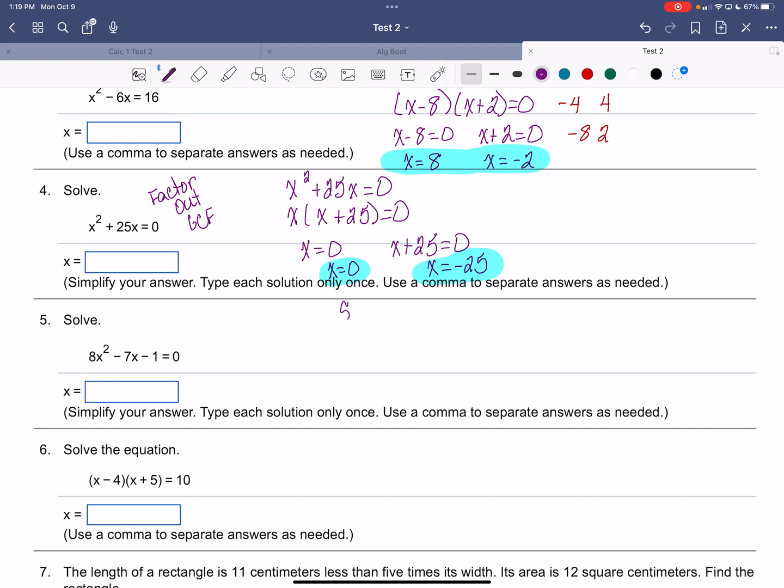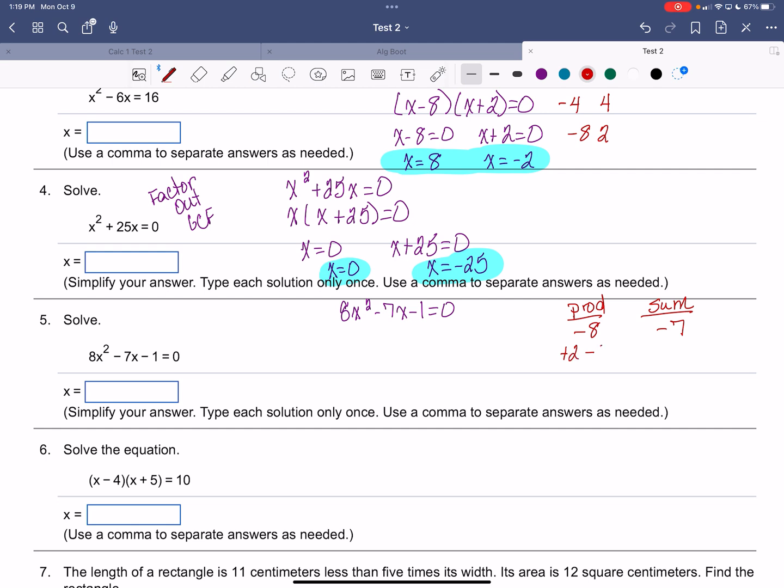Okay, so now we've got 8x squared minus 7x minus 1 equals 0. My product here is negative 8. Okay, so to get my product, I have to do 8 times negative 1. So my product is negative 8. Then I've got a sum of negative 7. And again, a negative value means we're going to have one positive and one negative with my product. There's not a ton of stuff that equals 8.